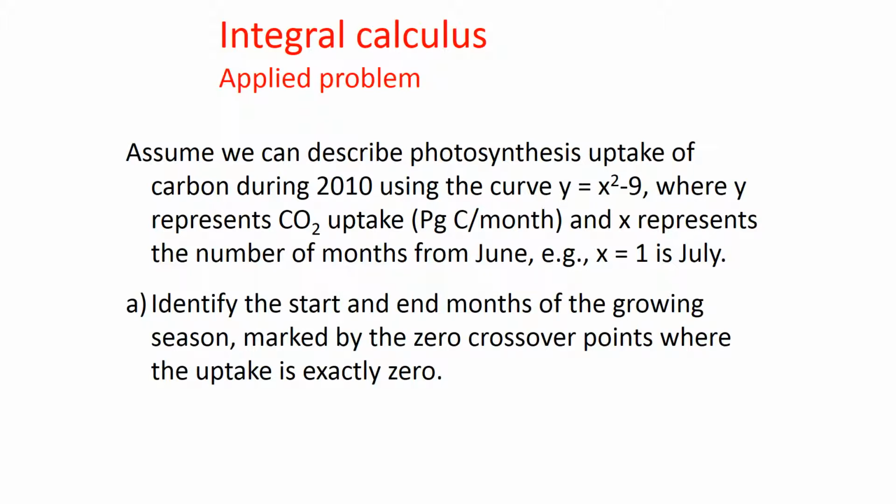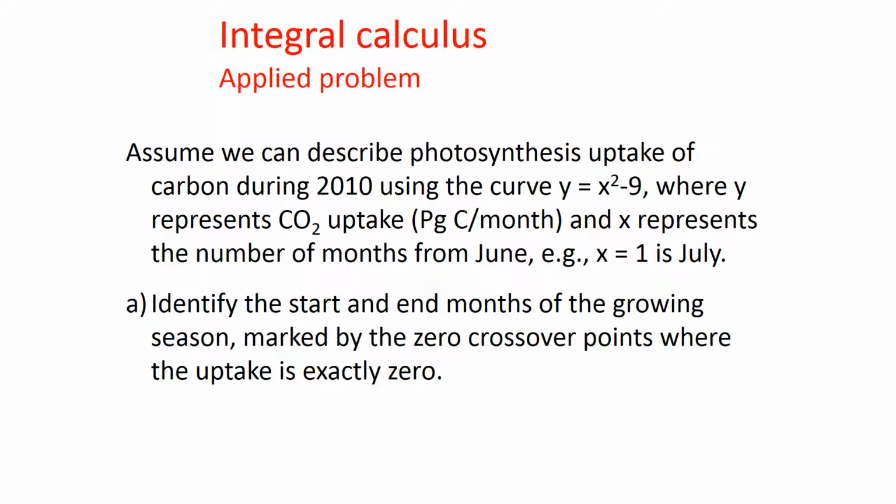So we can identify the start and end points, these points here, where the net uptake is exactly 0. It says in the question to help you out. So this is when respiration is overcoming photosynthesis until you get here, and then photosynthesis starts to be more than respiration, so our flux is down.